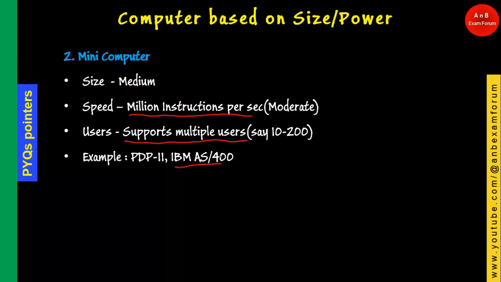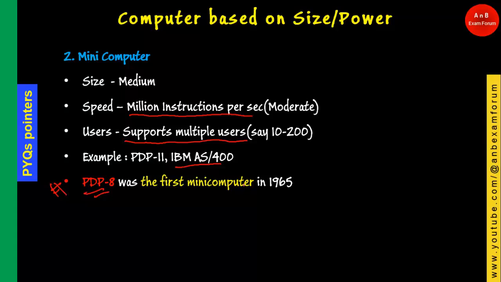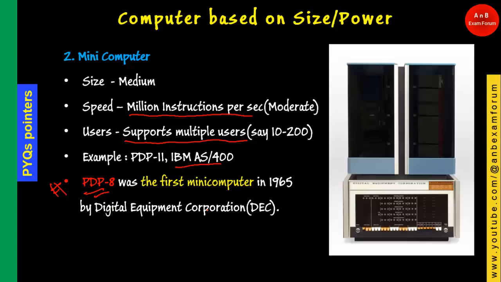Just remember for your knowledge that PDP-8 was the first mini computer in 1965. This computer was made by Digital Equipment Corporation, that is DEC. And if you see the screen, this is the first Digital Equipment Corporation mini computer, that is PDP-8.